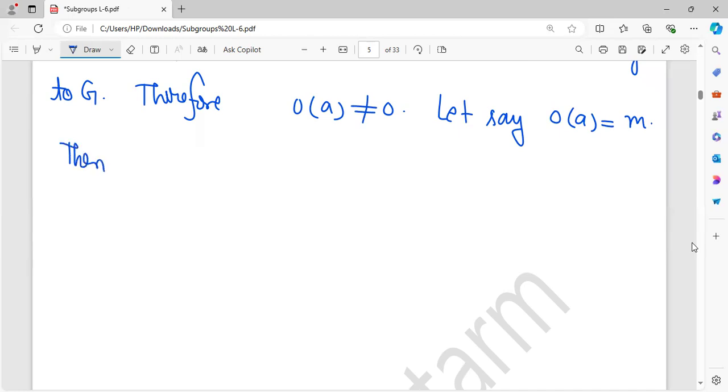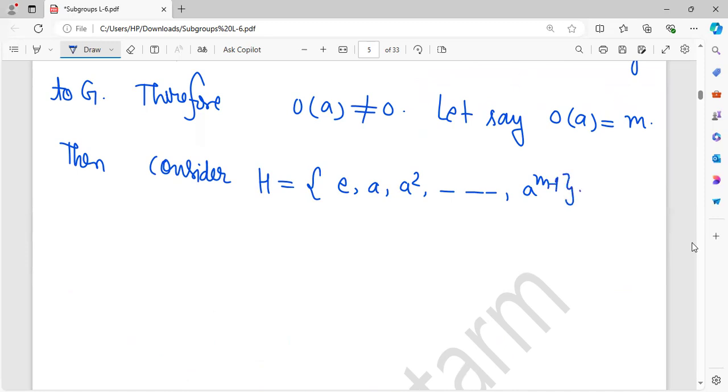Then consider H equal to {e, a, a square, up to a to the m minus 1}.